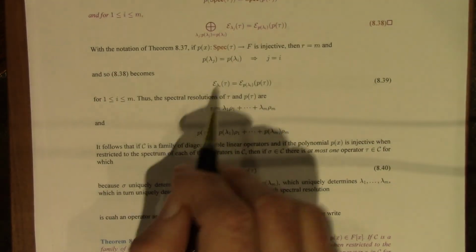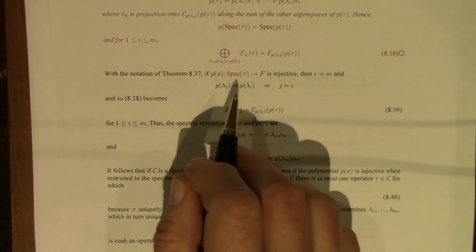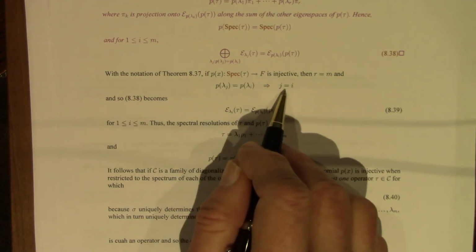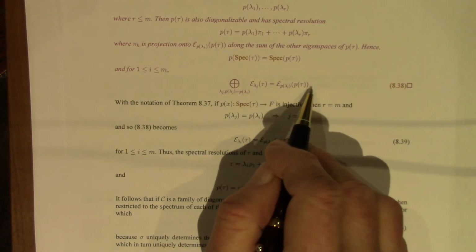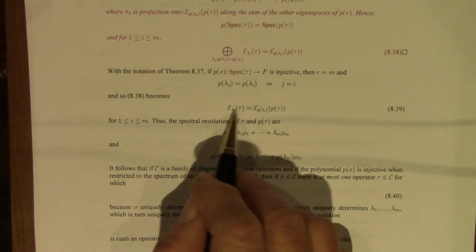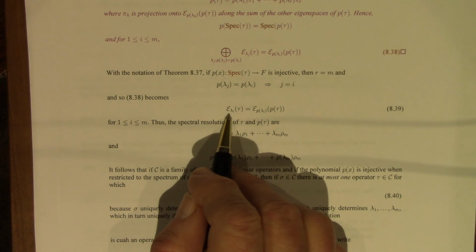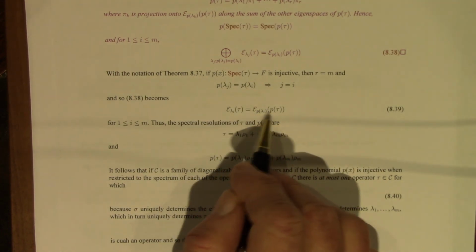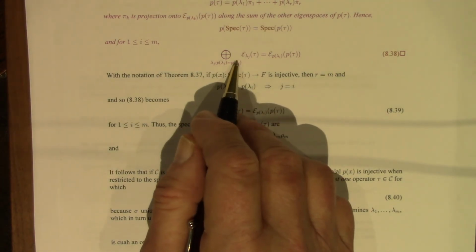So that means that R equals m, and this is the injectivity. So this formula for the eigenspace just becomes this. The eigenspace of tau associated with lambda I is the same as the eigenspace of p of tau associated with p of lambda I. This direct sum, in other words, reduces to a single term.